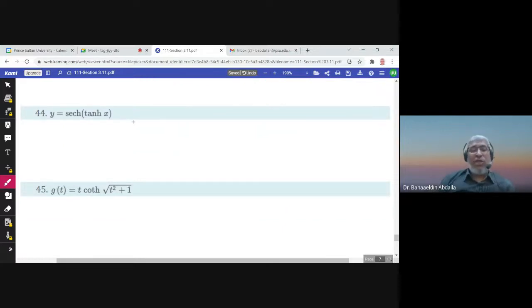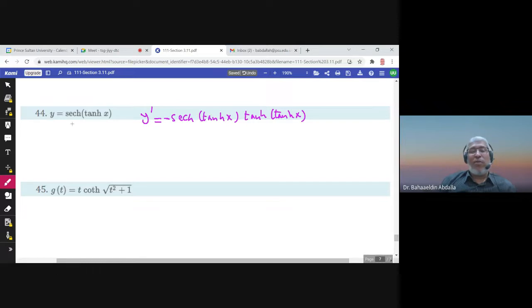Again, this is the chain rule. So the derivative of the outer function, derivative of hyperbolic secant, is hyperbolic secant with a negative sign times hyperbolic tan, and you keep the inner function as it is.